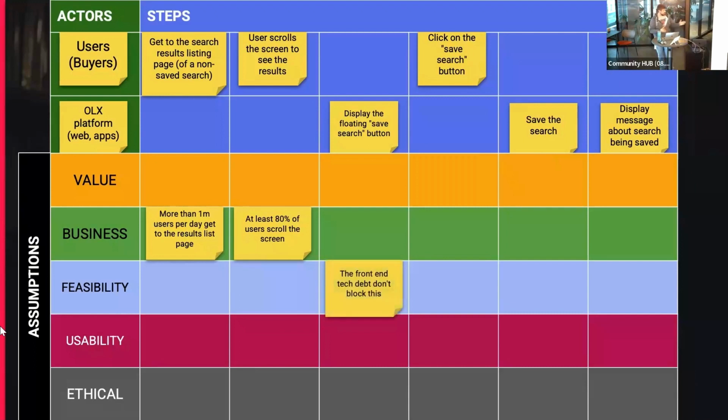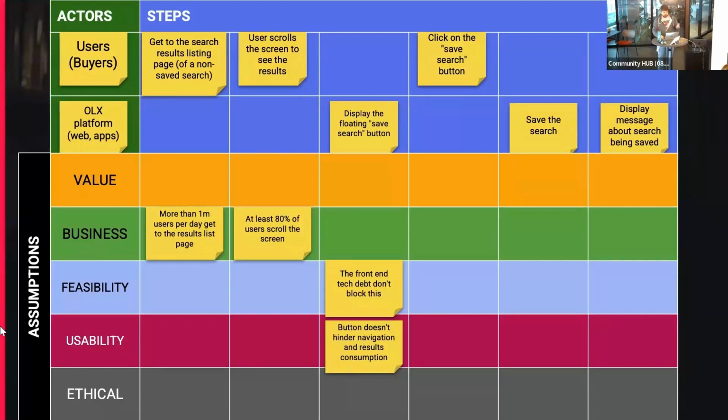On feasibility, we had some front end tech debts, so we were a bit afraid that this might be a problem. We didn't know, it was an assumption. And for usability, the button doesn't hinder the navigation of the user. We're putting something there in the middle of search results, so will this be a problem for the user navigating them?